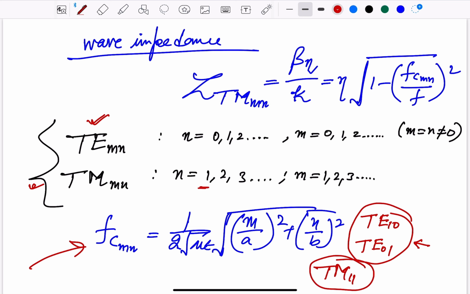So the lowest order mode for the TM case is TM11.